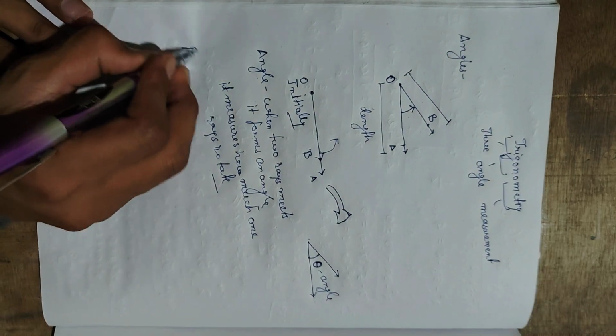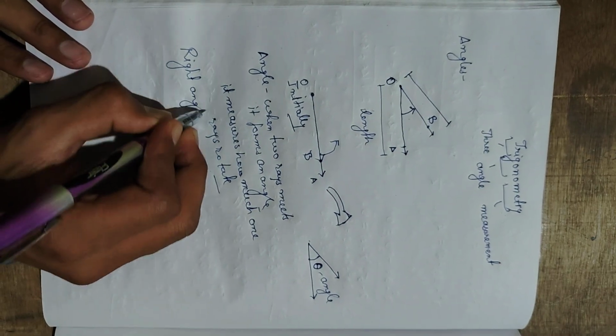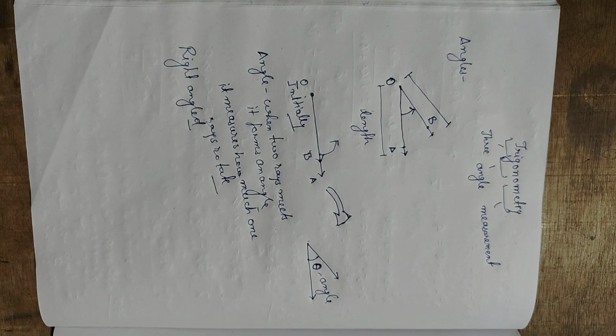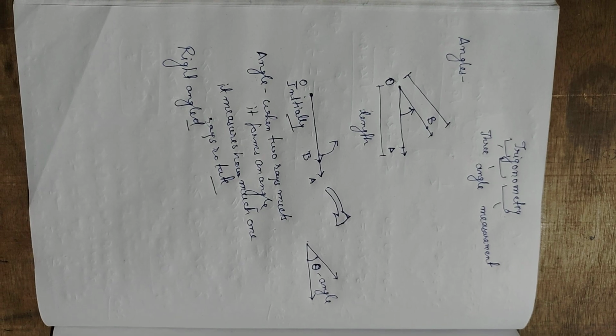What is a right angle? Before starting that, we need to know a little bit about adjacent angles, because then we can define a right angle in a smoother way, easily.